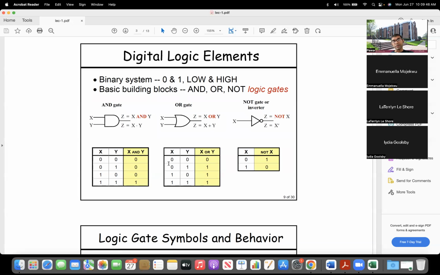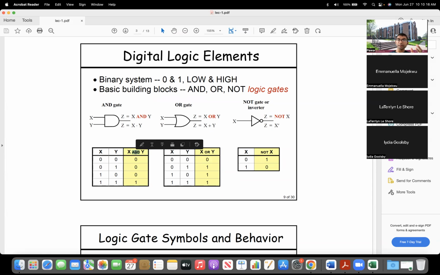So similarly, if you have two variables X and Y, and you apply an OR gate, you get this output, which is different, right? And similarly, if you have just one variable, say X, you apply a NOT gate, you get this output here, right? So essentially what we're trying to do is take in, say, two variables, an X variable and a Y variable, and apply some gates.